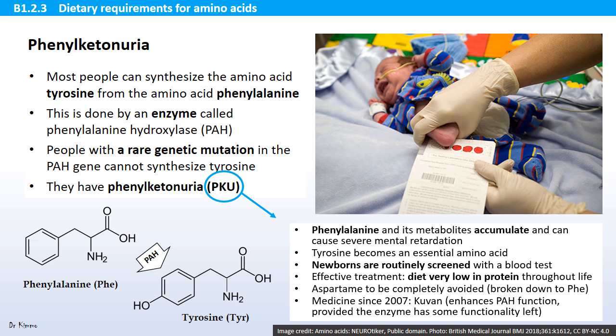Aspartame is an artificial sweetener which can be found in things like soda, candy, diet foods. There is also a medicine which enhances the function of the enzyme PAH. But for this to work, the PAH enzyme needs to have some functionality left.